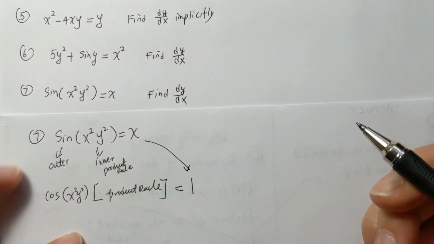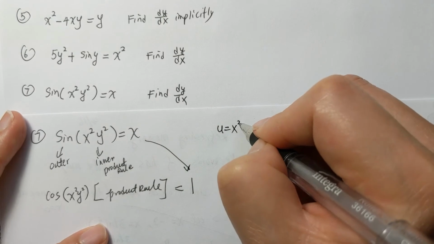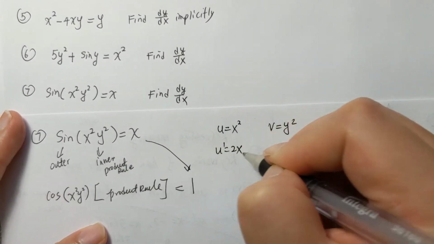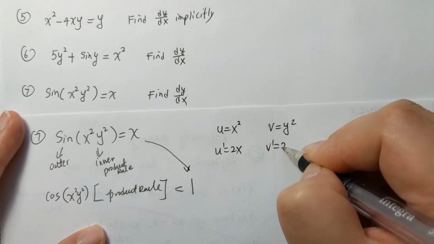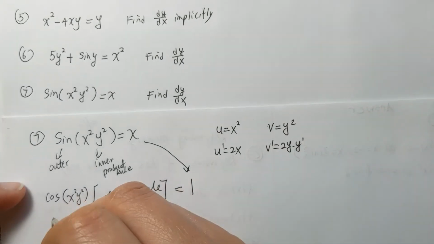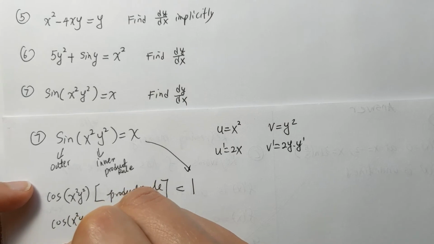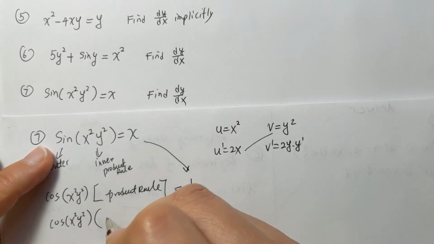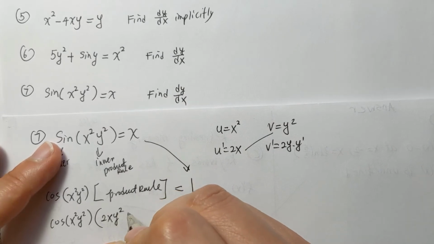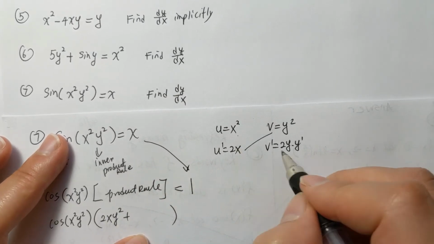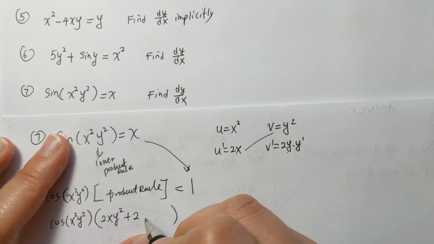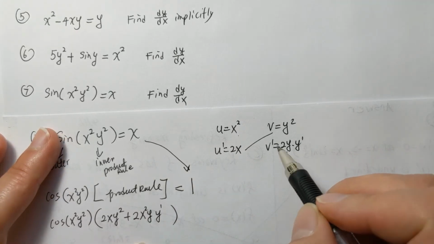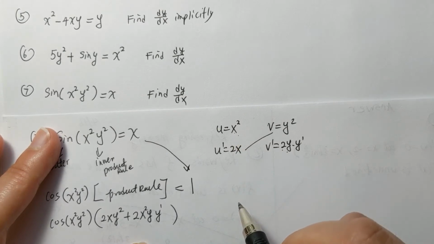The derivative of x is 1. So you get u equal to x squared and v equal to y squared. So u prime equal to 2x, v prime equal to 2y times y prime. So you get cosine x squared y squared, and then don't forget to multiply by the product rule. 2xy squared plus this time this. So 2 goes first, x squared y, y prime. You go by number, order, you get x before y.